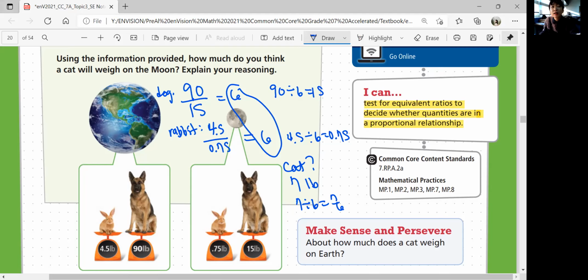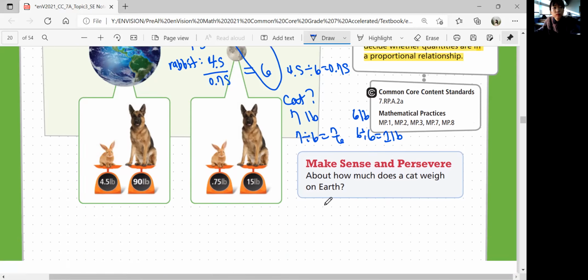If your cat weighs 6 pounds, you divide 6 by 6, and you can say, oh, it's only going to weigh 1 pound on the moon. You get the idea. Whatever cats weigh, you can divide it by 6 to estimate how much the cat will weigh on the moon.